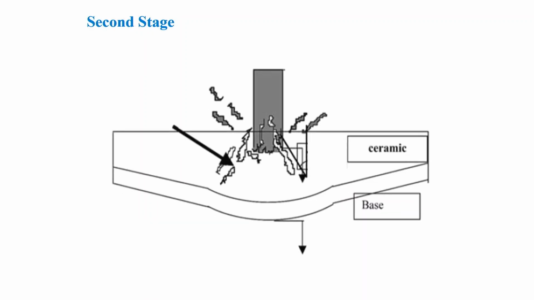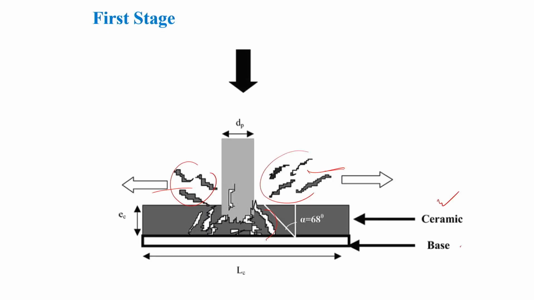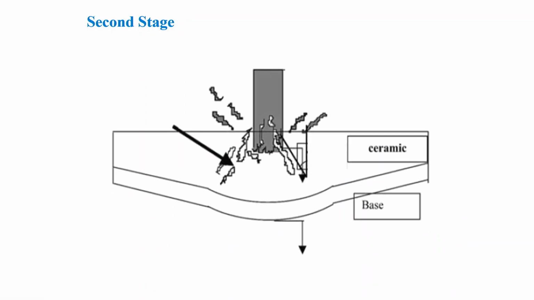In the second stage, you will see the base. In the first stage there is no such deformation in the base, but it is being struck. In the second stage, the base gets deformed due to this high pressure, and crack formation occurs.